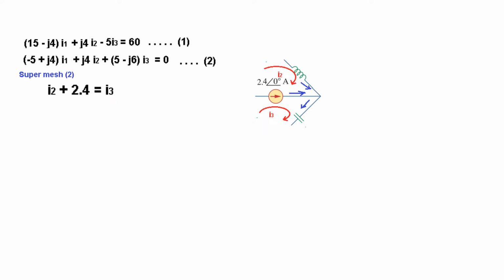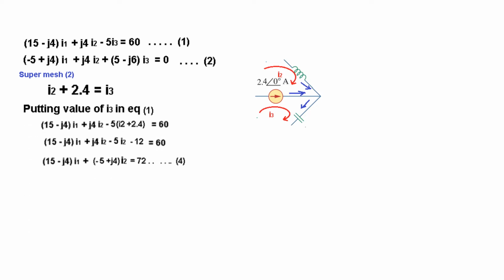So this is our third equation, and from here we can plug in the value of I3 in the above two equations. So we'll eliminate I3. Putting in the value of I3 in equation number 1, and then solving and collecting the like terms, we get equation number 4.